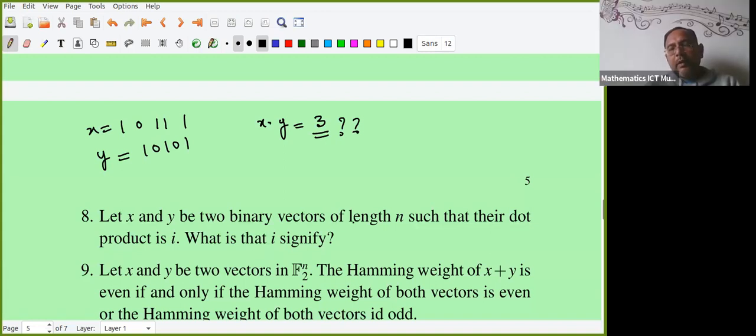That if I take two vectors of length n, okay, so that the dot product is I. What is that I significant? What is this 3 telling about dot product? Simple question.